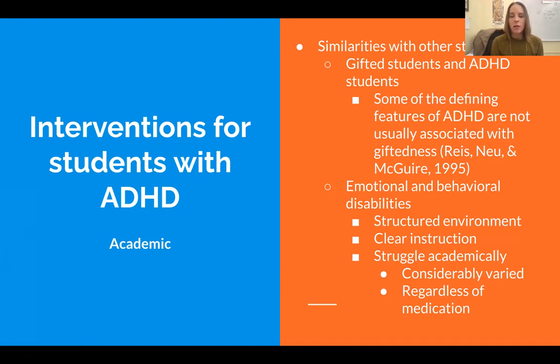And then also students with ADHD do share some characteristics with students that have emotional and behavioral disabilities, and so they'll benefit from a lot of the same interventions, like making sure you have a structured environment and providing clear instruction. And then sometimes they do struggle academically as well, but this can be varied. And also this struggling academically seems to be regardless of medication.